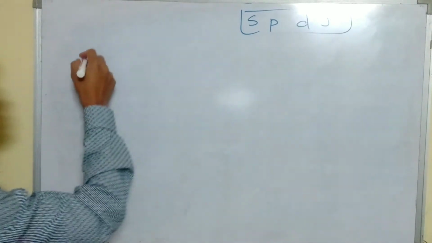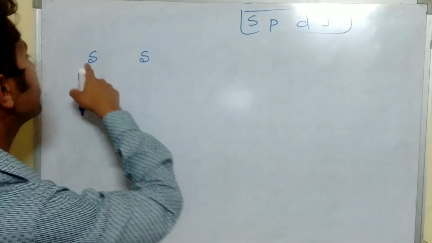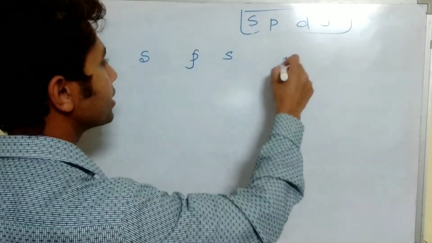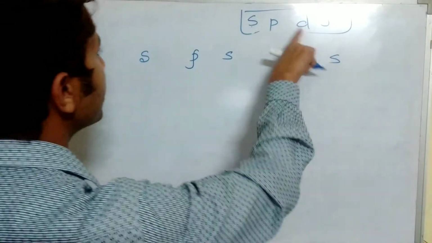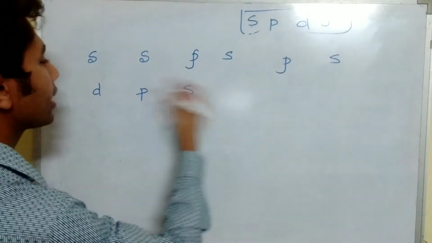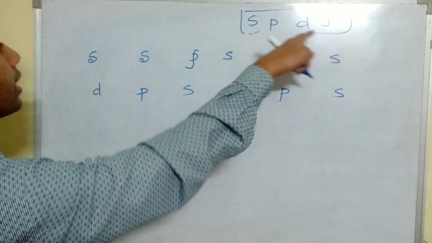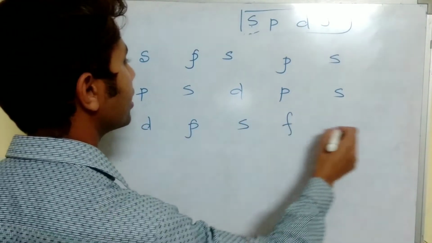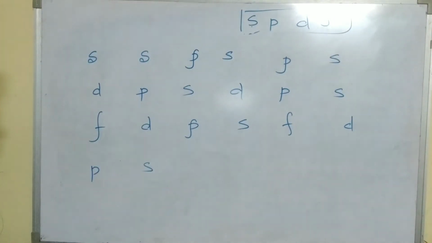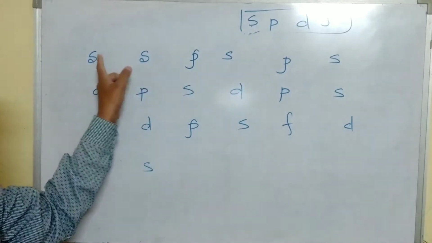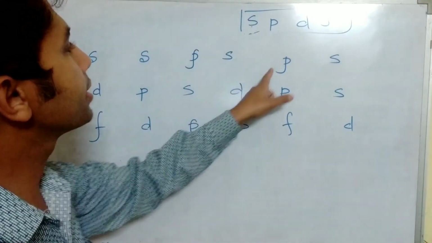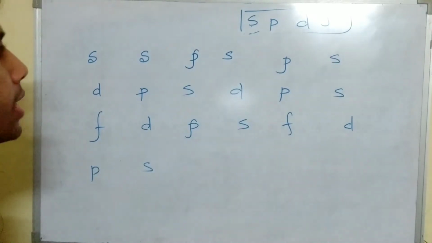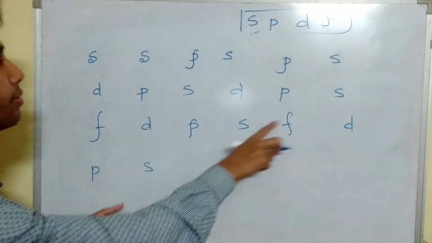So we have to write "double s" for s, then "p" twice for p, then "d" twice for d, then "f" twice for f. Using the mnemonic: first s twice, then p twice, then d twice, then f twice.